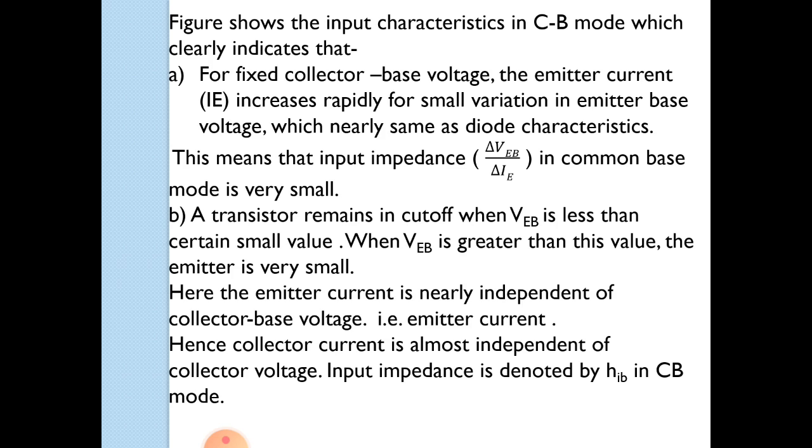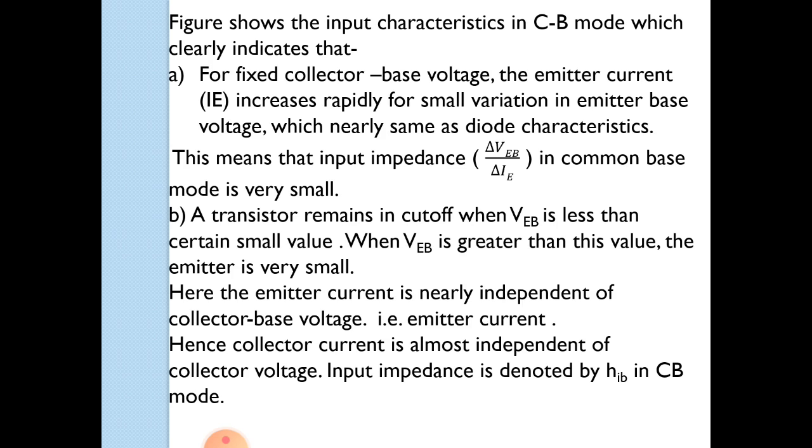This means that the input impedance, del VEB upon del IE, in common base mode is very small. A transistor remains in cutoff when VEB is less than a certain small value. When VEB is greater than this value, the emitter current increases.